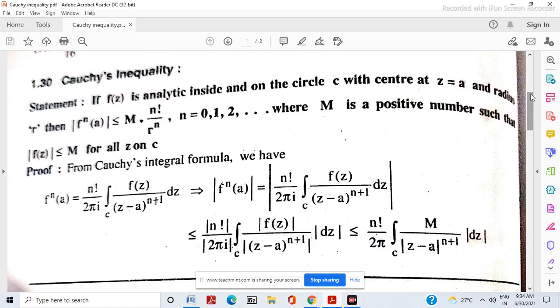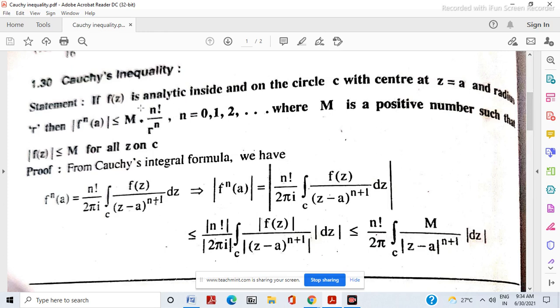Next one is Cauchy's inequality. What is Cauchy's inequality? You should study the statement also. What is the statement of that theorem?